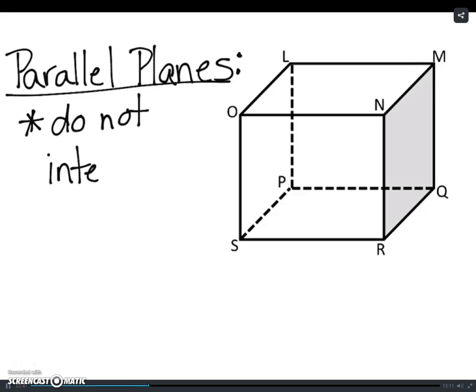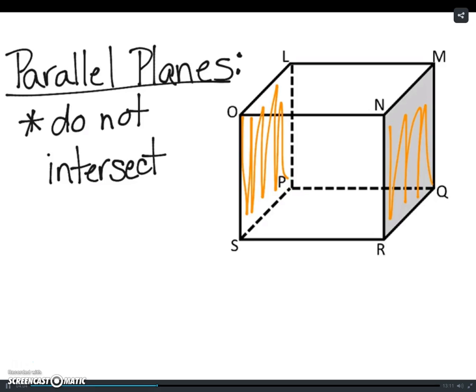They obviously can't be coplanar like parallel lines because they are planes. But the key thing is that these are planes that do not intersect. For example, the left side of this box and the right side of this box. They go up and down and left and right forever and ever, but they're never going to touch.